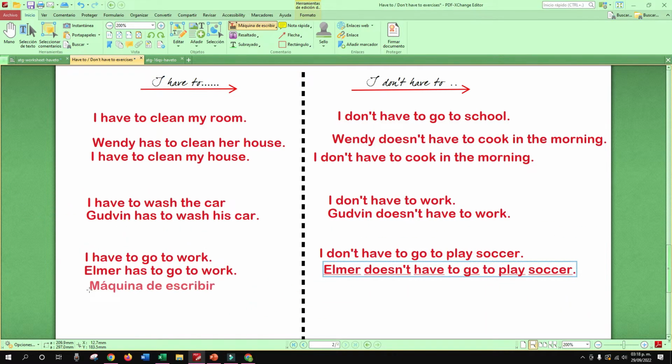That would be great, right? Or Elmer has to go to work. So if you're talking about third person singular, you can say he has to go to work, or he doesn't have to go to play soccer, right? Yes, excellent. Or maybe here Miss Wendy has to clean her house, or she doesn't have to cook in the morning, right? That is almost the same.